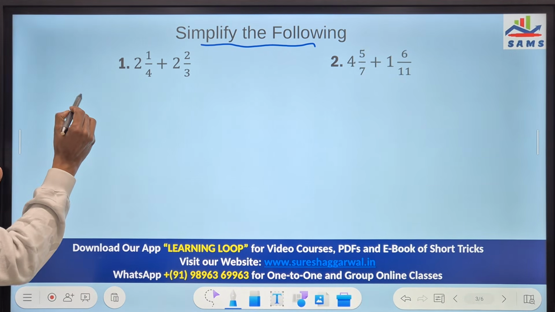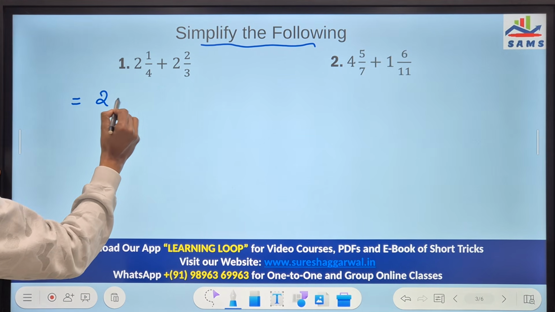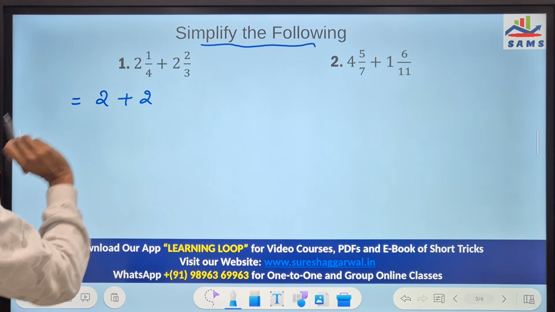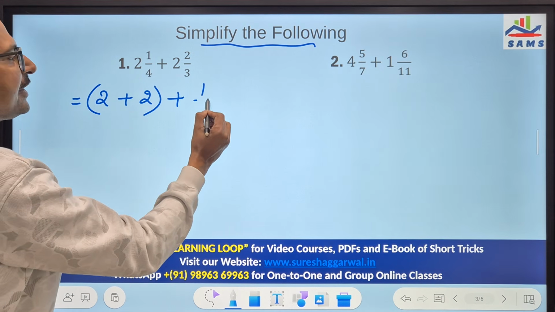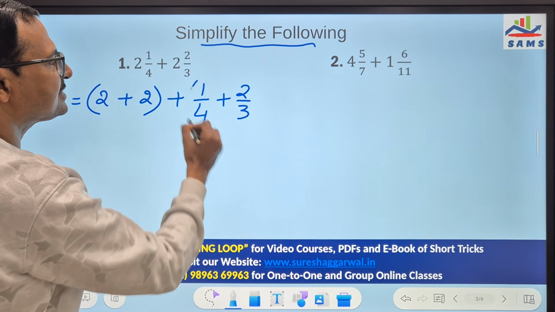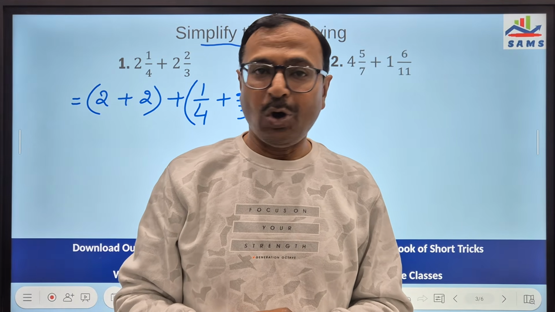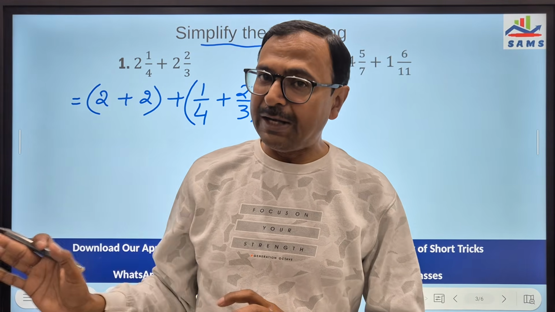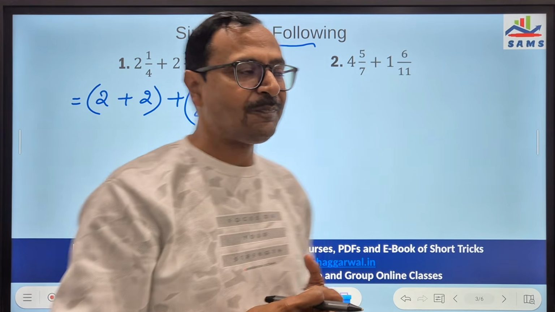Here the whole number part is 2. Here also the whole number part is 2. In between you have the plus sign, so I will add them first and add the fractional parts 1 by 4 and 2 by 3 in a separate bracket. But I will not be doing this in all the questions. This is just to tell you the concept of how to handle this question.